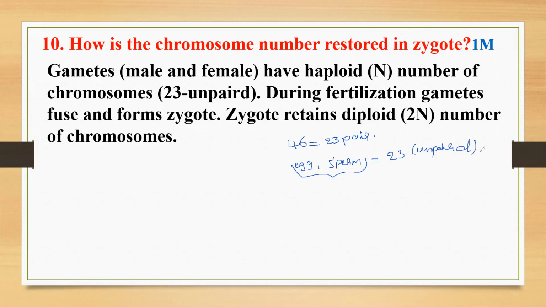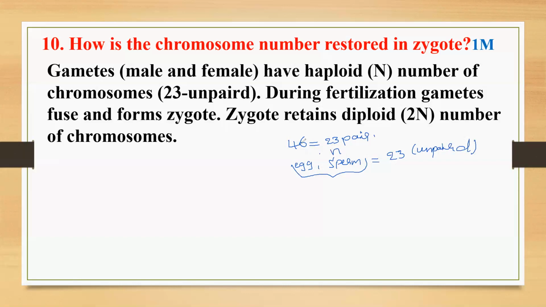Remember that, this concept is going to help you answer many questions of this type. The answer: gametes, male and female, are haploid, meaning only the unpaired N form. There is no pairing.